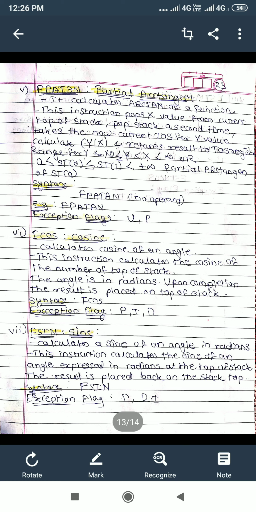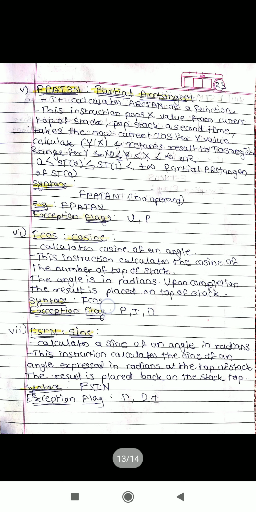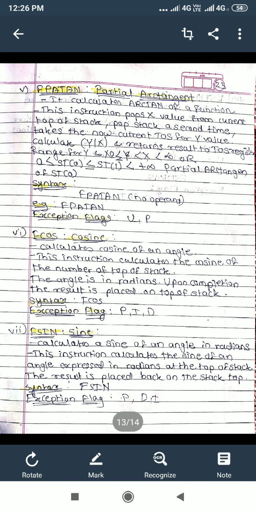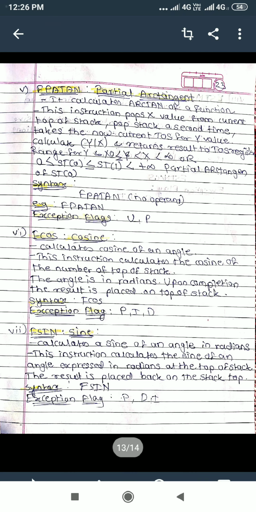Upon completion, the result is placed on top of the stack again. The syntax for this is given here: FCOS, that is F cosine, and the example will be like this only: FCOS. Exception flags generated for this are the parity flag, interrupt flag and the direction flag.